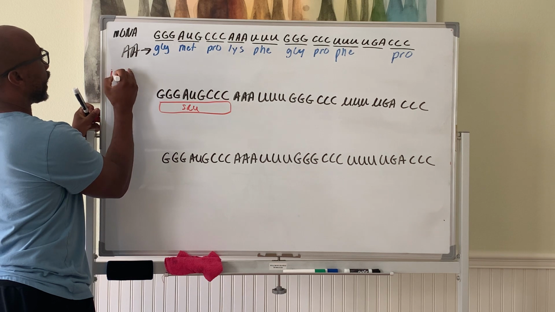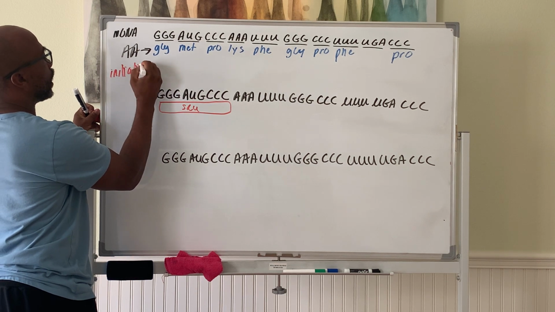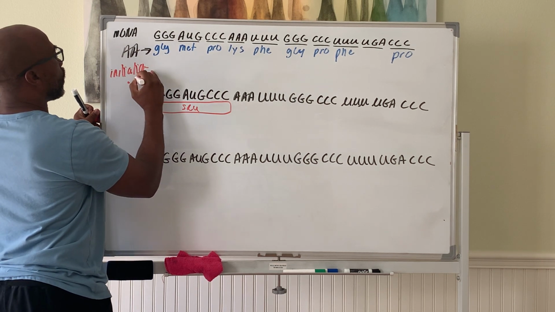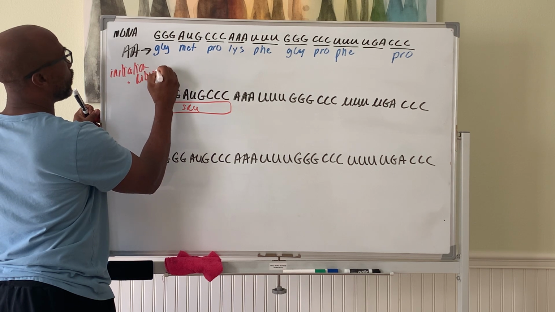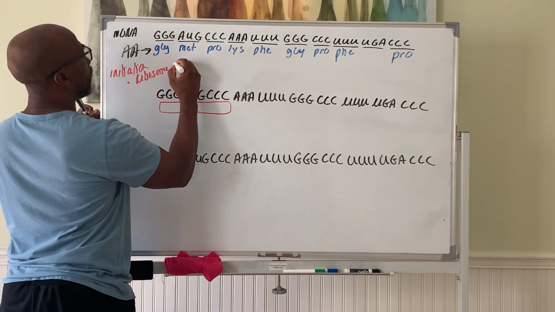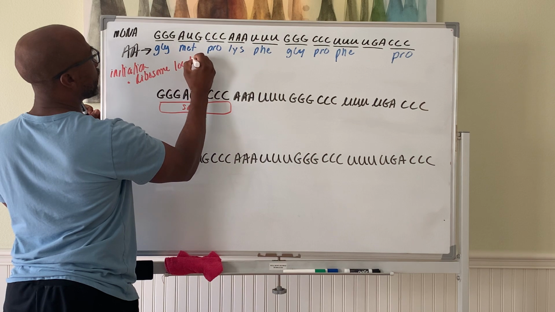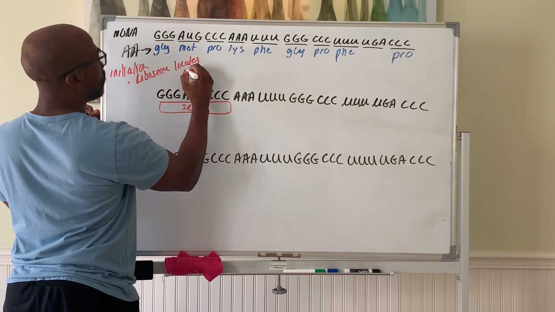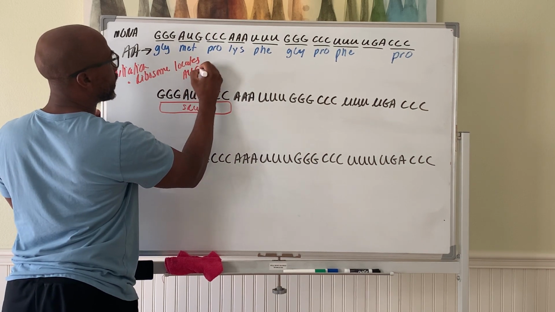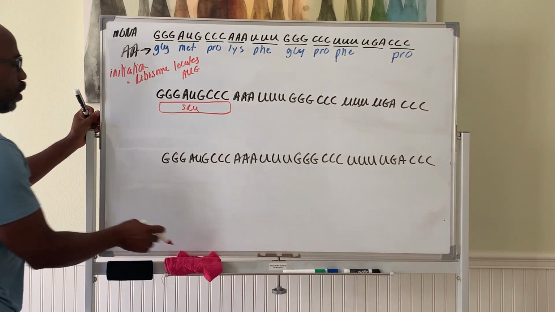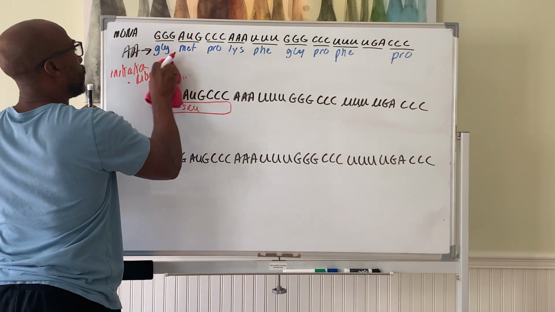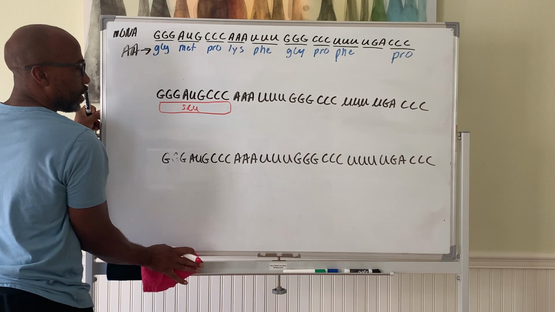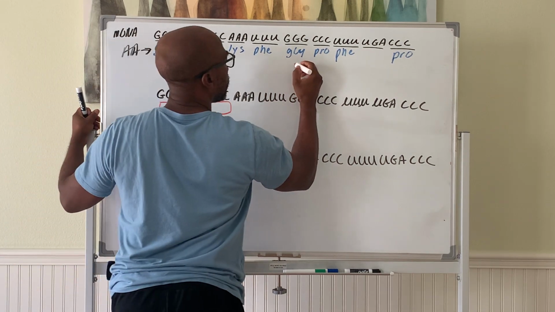So in initiation, the ribosome locates the AUG, which is the start codon.